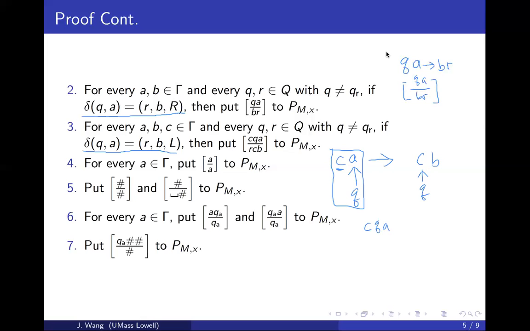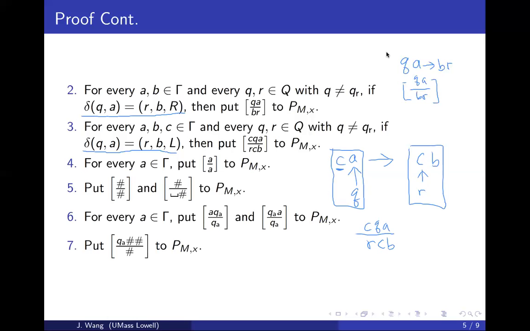We put it on top, and then the local configuration it moves to is, oh, sorry, this is not Q, this is R. Okay, so that's RCB. So we made this another domino to replicate this computation step.